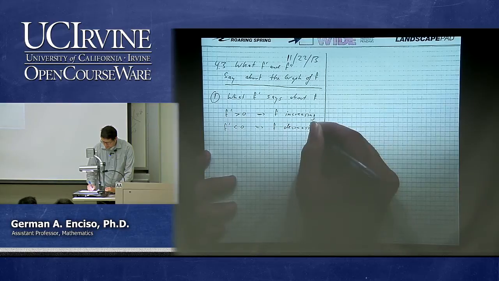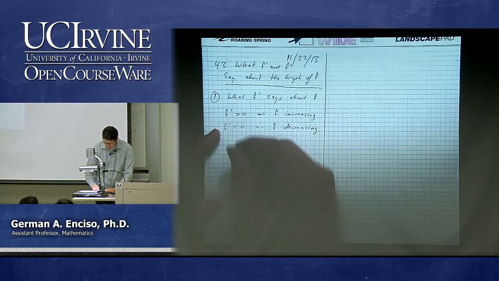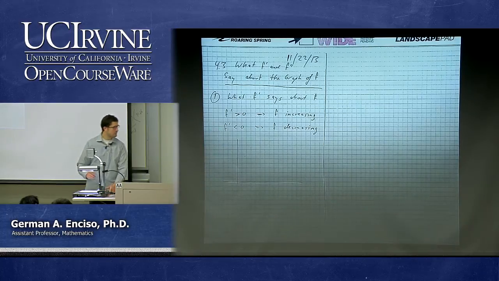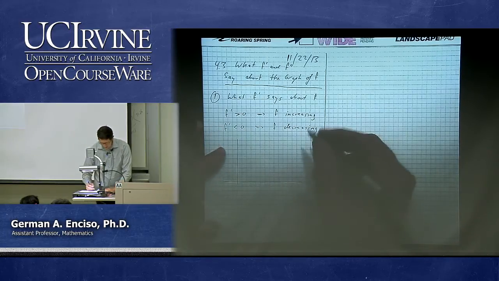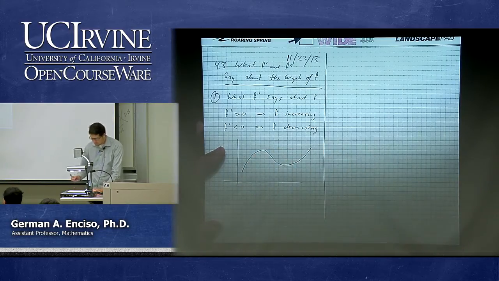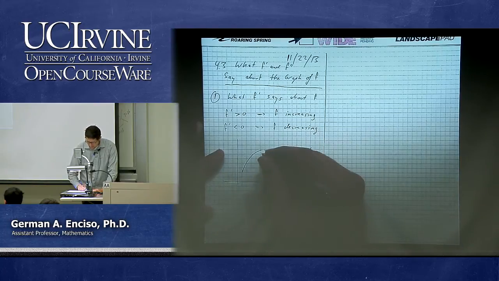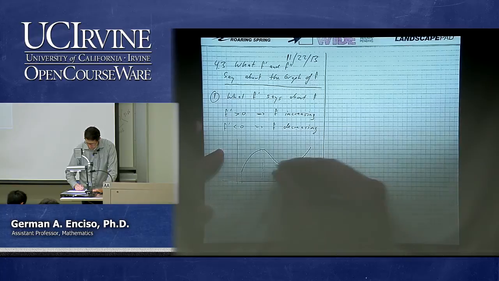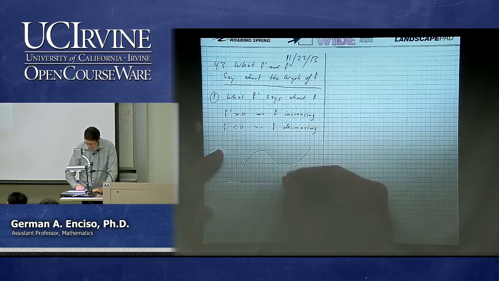Let me draw this in a cartoon example, just to make sure we're all on the same page. So we have a function, let's say, like this. We're going to break this down into three intervals. One is from here to here. Another one is from here to here.